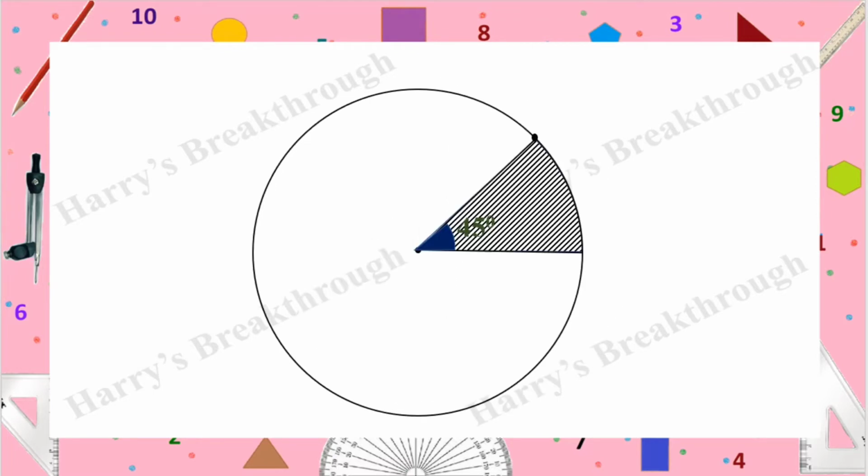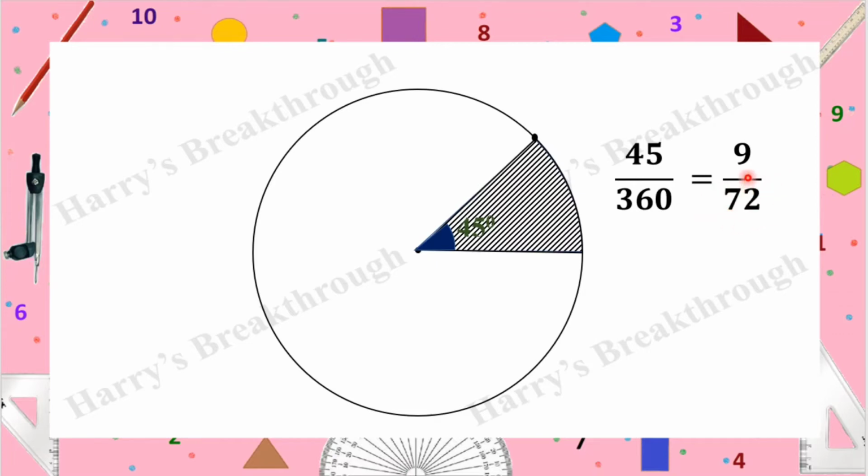So how can we write this 45 degrees as a fraction? We know that this is one part of 8 equal parts. We can write this as 45 by 360. And if we divide 45 by 5, we will get 9, and 360 by 5, we will get 72.